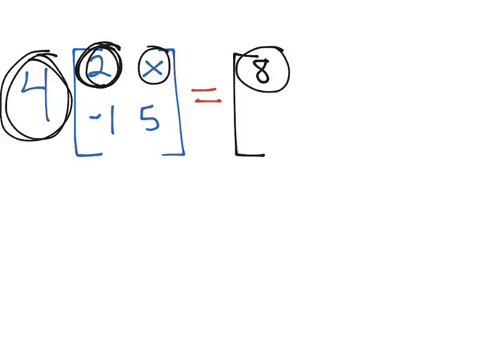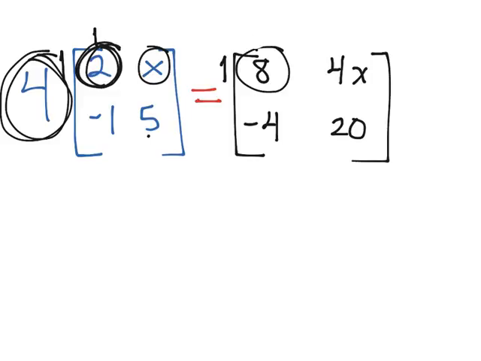So if it's in the first row, first column, we are going to place the 8 in the first row, first column. Very well. Now 4 times x is just 4x. 4 times negative 1, negative 4. And 4 times 5, 20. So we successfully multiplied our first matrix by 4.